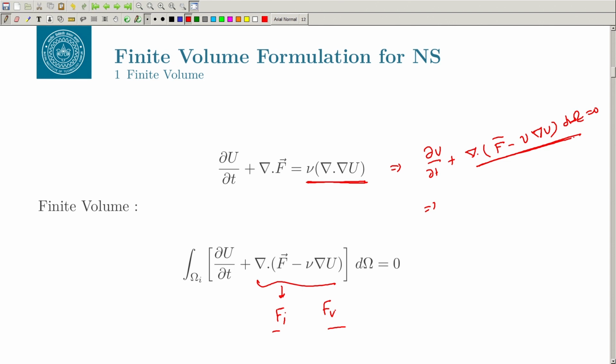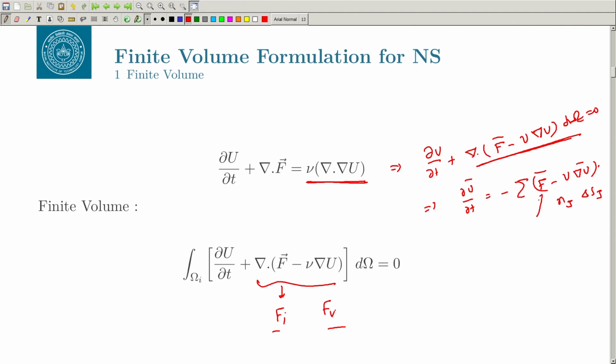You will be calculating du by dt equal to minus sigma of f minus nu del u, dot n j delta s c. Basically, we will be multiplying f with the normal.